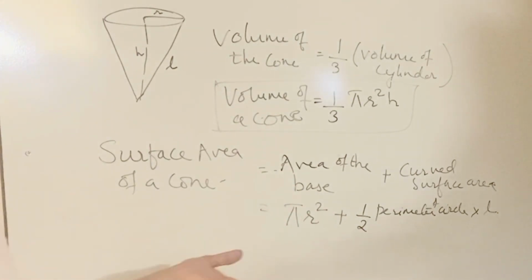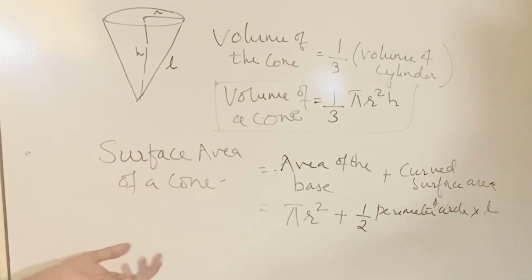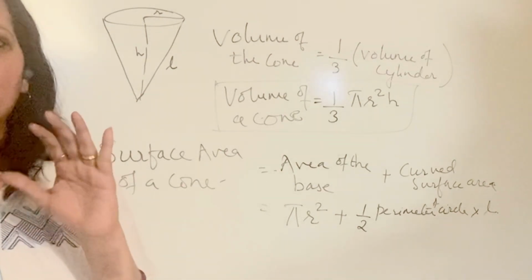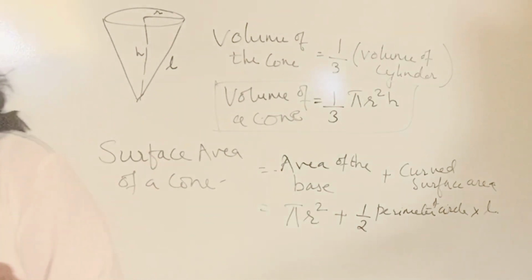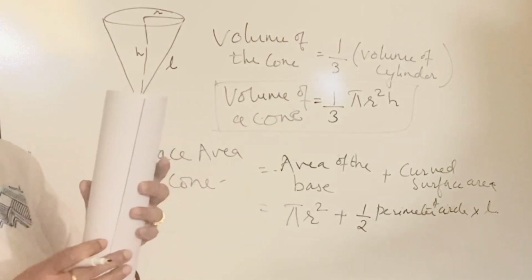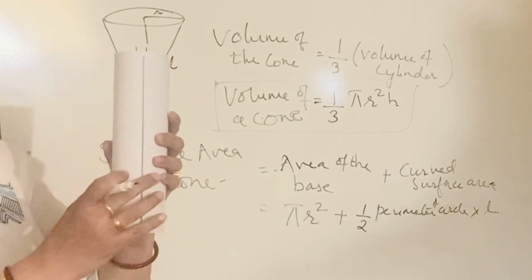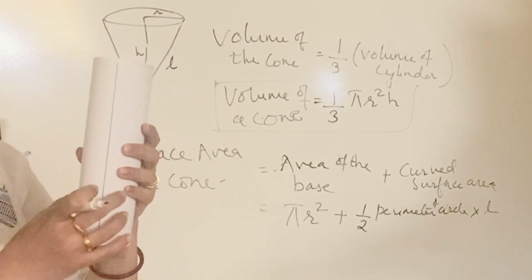So now half of the perimeter of the circle. Now you may think why it is half of the perimeter of the circle times this length. Why is it so? Remember the figure of a cylinder. If we cut this cylinder into two halves diagonally, we will get two cones.